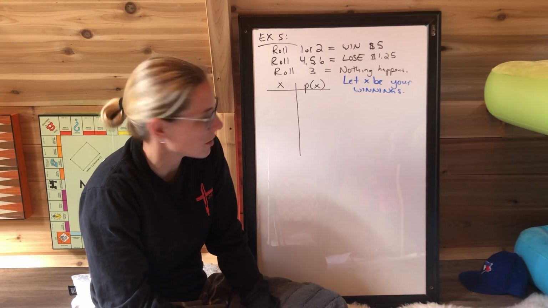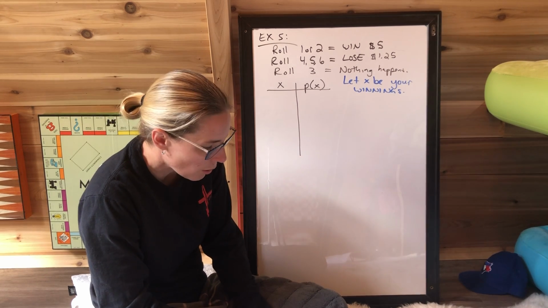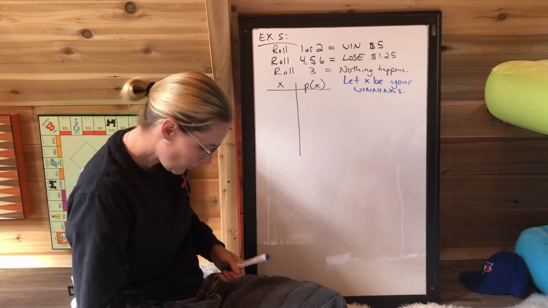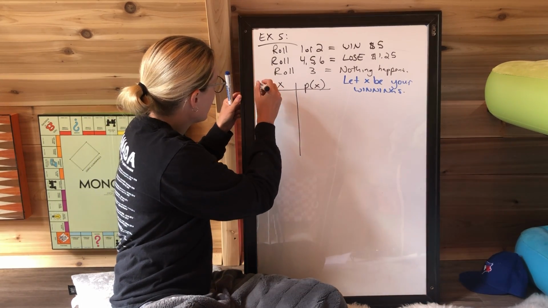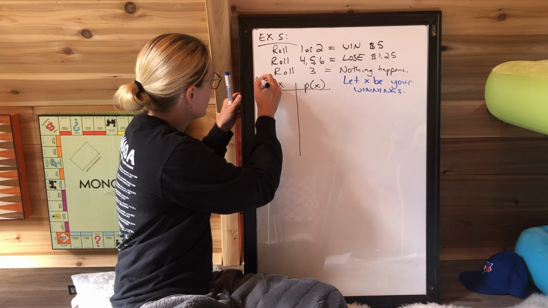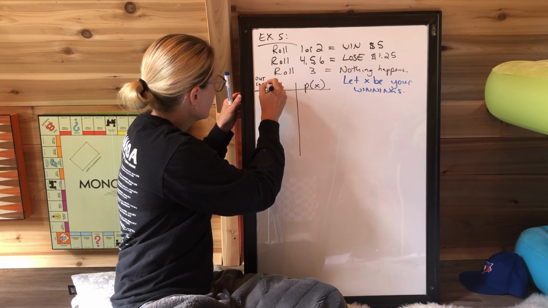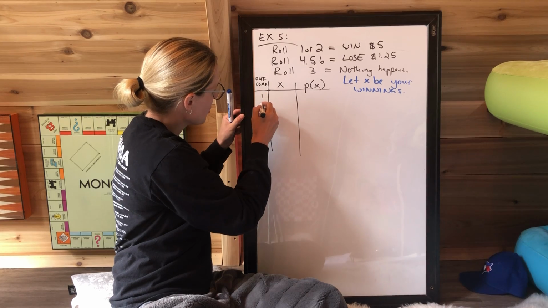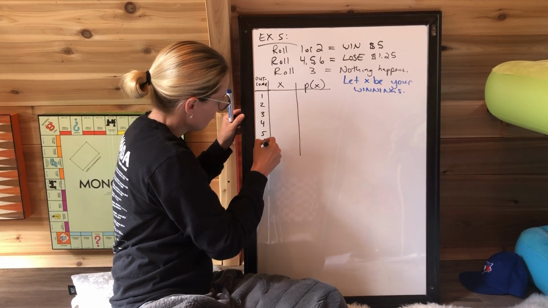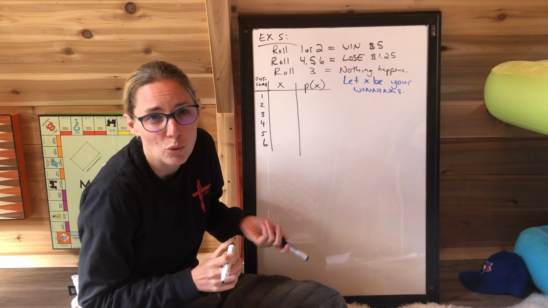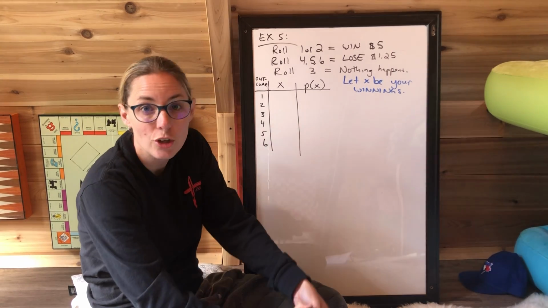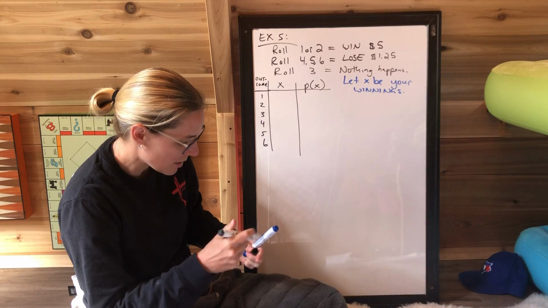So our options here are, we have an outcome. Okay, these are the options: 1, 2, 3, 4, 5, 6. This isn't your x value because we're concerned about the money, not what you rolled. But obviously what you rolled determines your money. So this allows us to set that up.